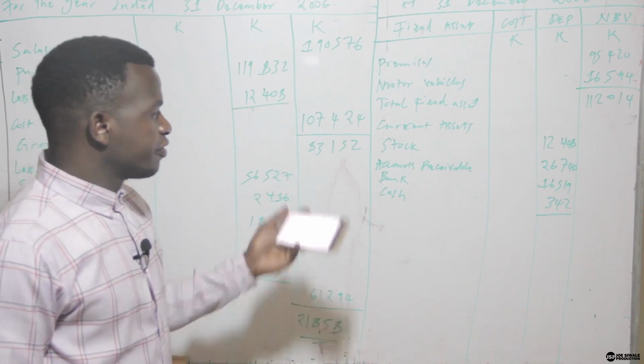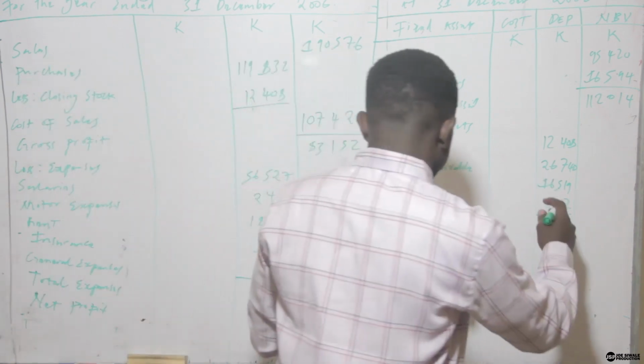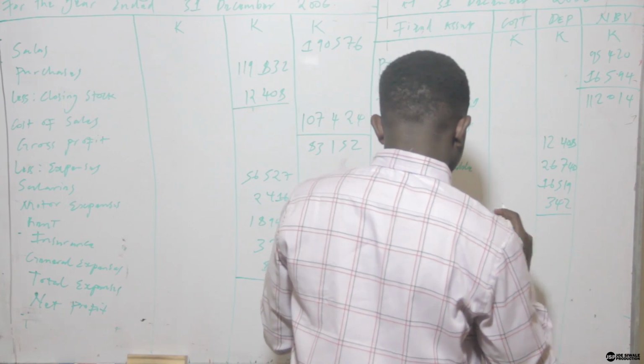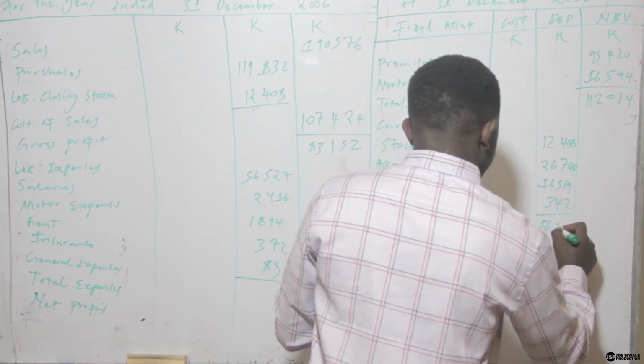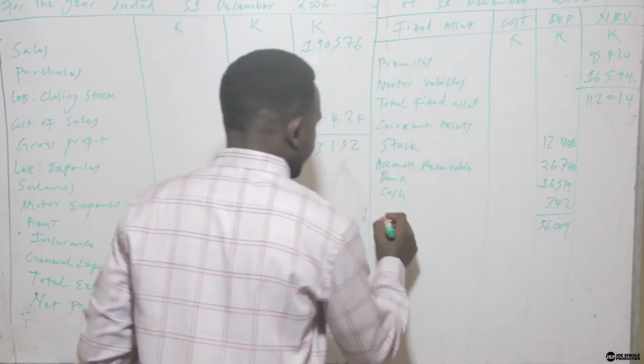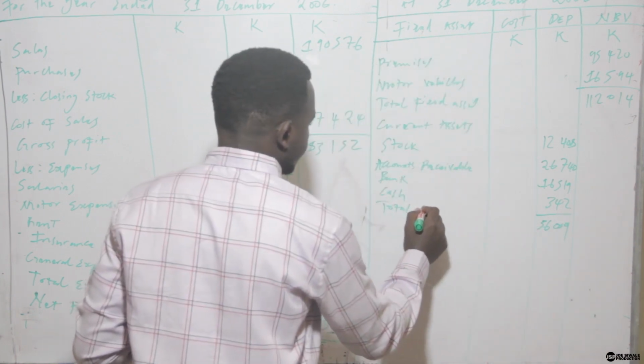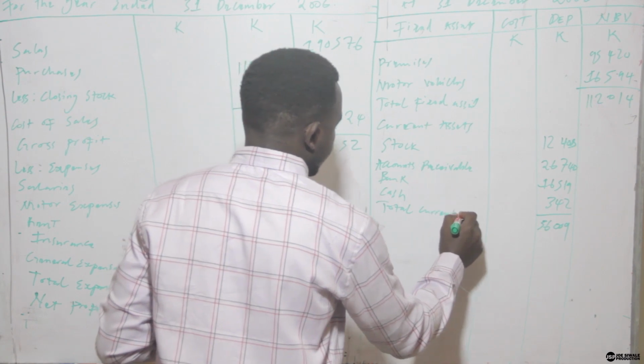So we are going to find the total. When we find the total there, we are going to have 56,009. So we are going to say total current assets.